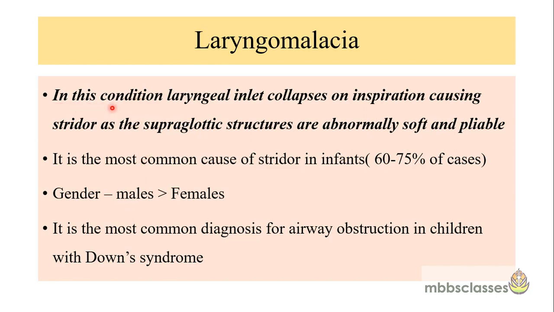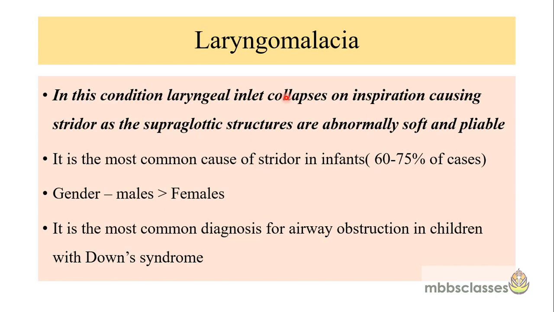In this condition, the laryngeal inlet collapses on inspiration, causing stridor as the supraglottic structures are abnormally soft and pliable. So here there is a collapse of the laryngeal inlet during inspiration which is causing the stridor. And as the structures are soft and pliable, the disease gets its name due to its characteristic features.